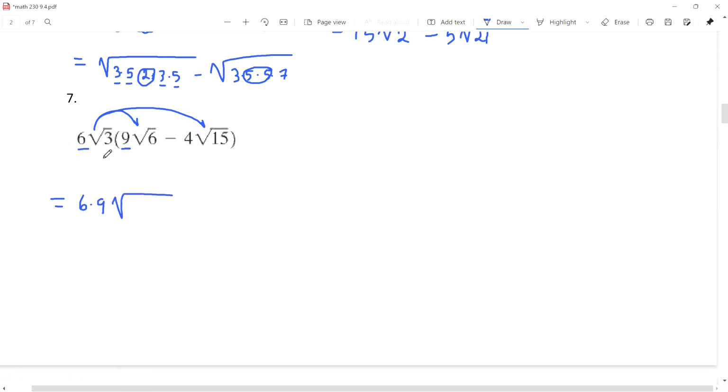And then we'll multiply the root 3 with the root 6. That's root 3 times 6. Minus, we have a 6 times a 4. So that's 6 times 4 in the front. And the square root of, we're multiplying that 3 now with the 15. So this is 3 times 15 on the inside.